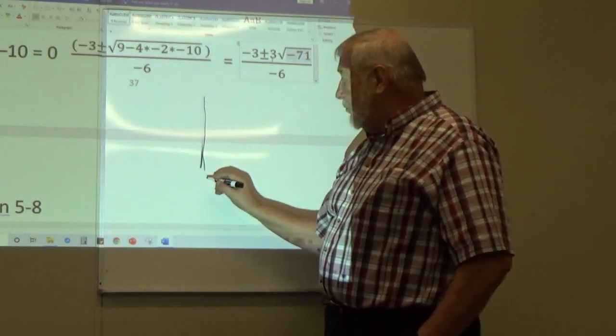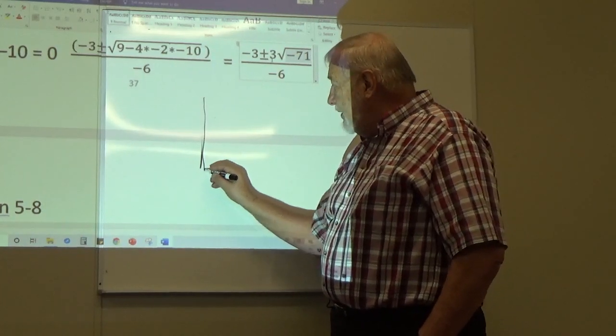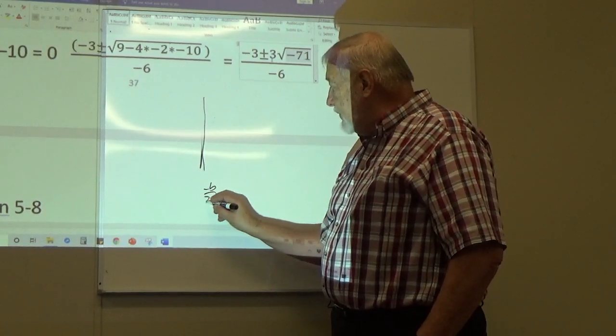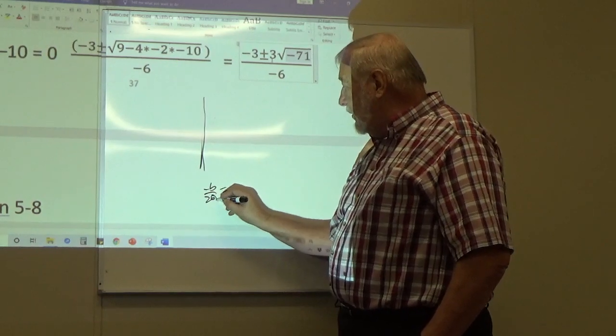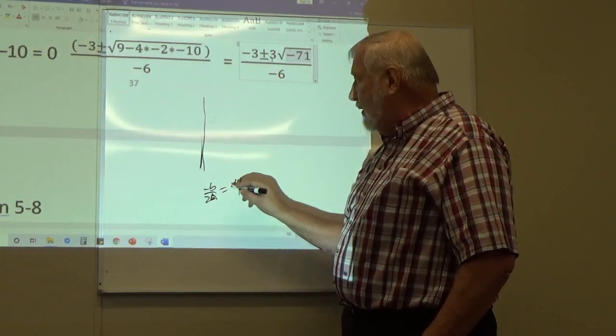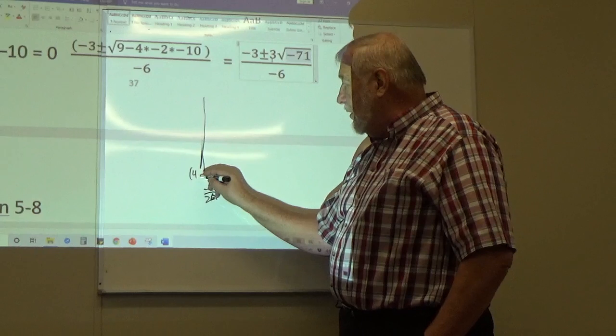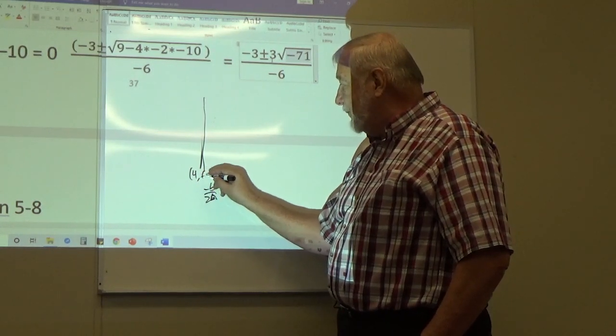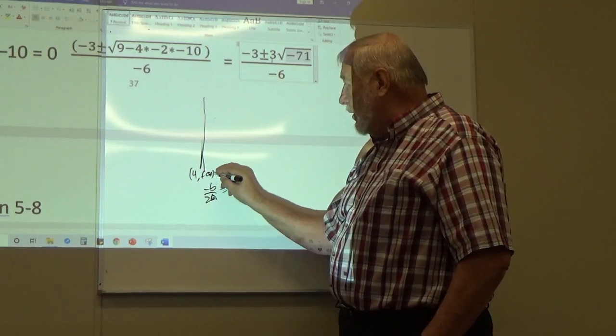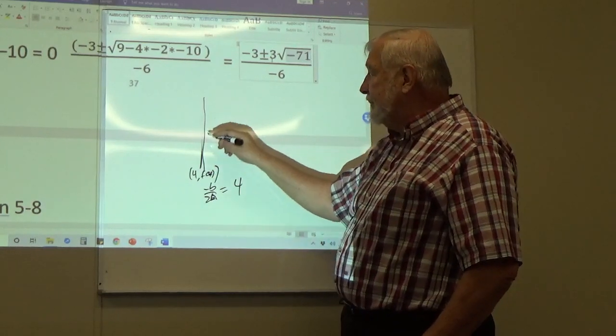All right, so I'm going to do a different one. So if I had that -b over 2a equaled 4, then that means that 4 comma something, f of 4, is this vertex.